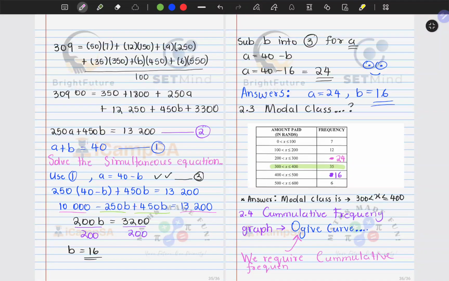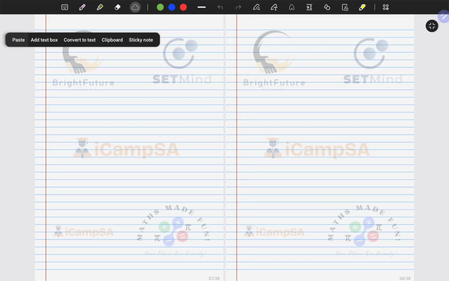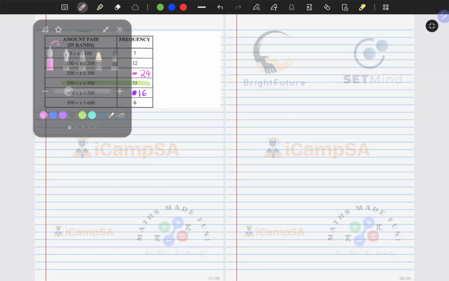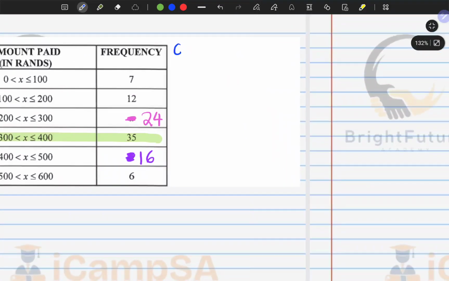So I'm going to go to the next page and figure out our cumulative frequency, because it's very central in our plot. So let's go ahead and do that. So we'll have our cumulative frequency.